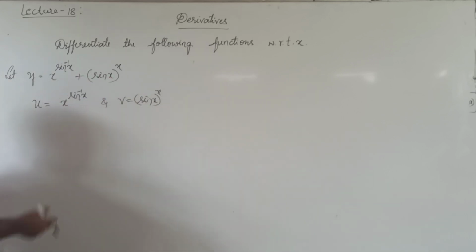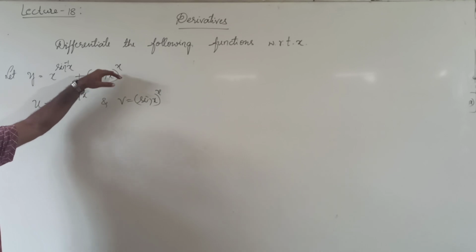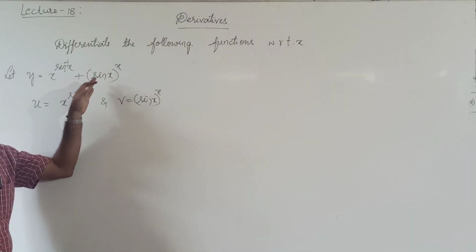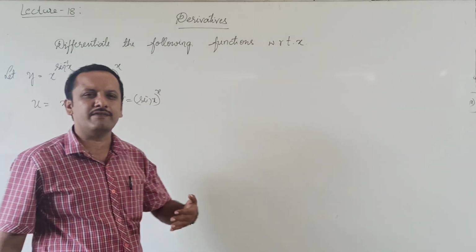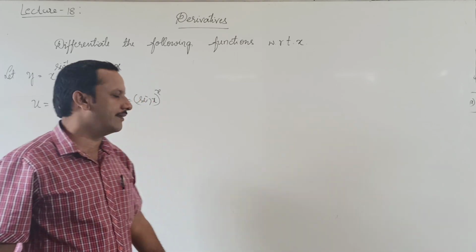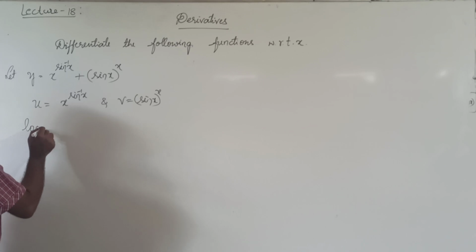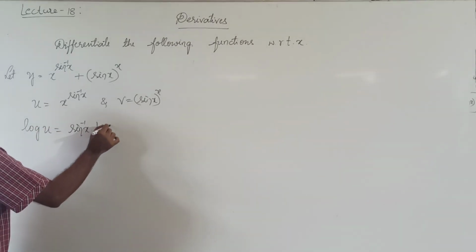Whenever you see such functions, one function to the power another function plus another function, its power is one more function, then you treat these two as two separate problems, take them individually and take log, differentiate, get the answer, and finally add those derivatives. Okay. So taking log here will give you log u is equal to sin inverse x into log x.